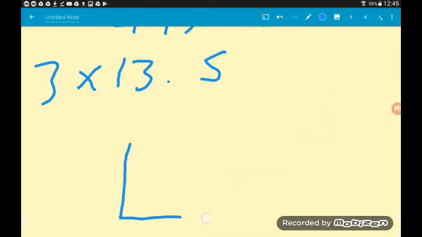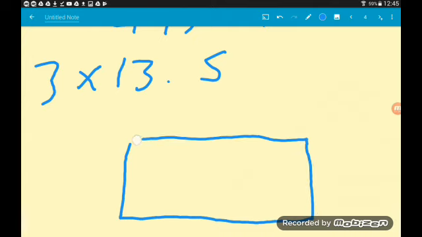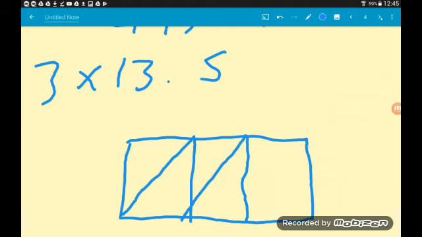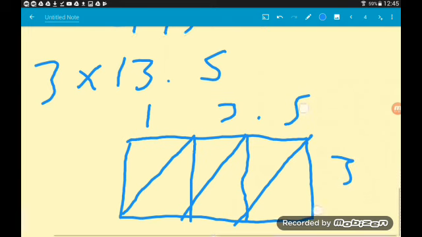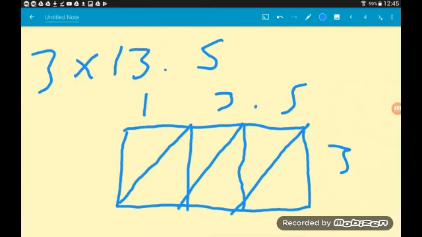So for this, we need a 3 by 1 rectangle. 13.5 across the top, 3 down the side. 3 times 1 is 3. 3 times 3 is 9. 3 times 5 is 15.